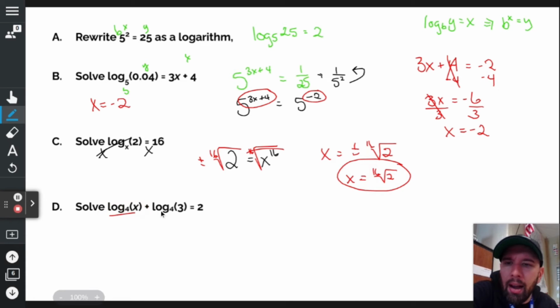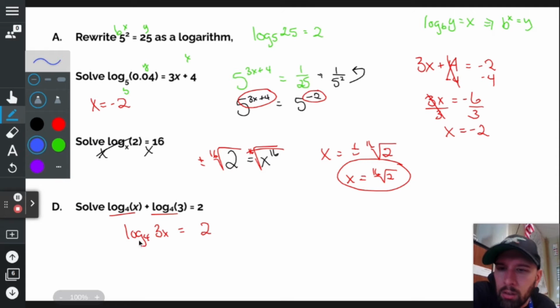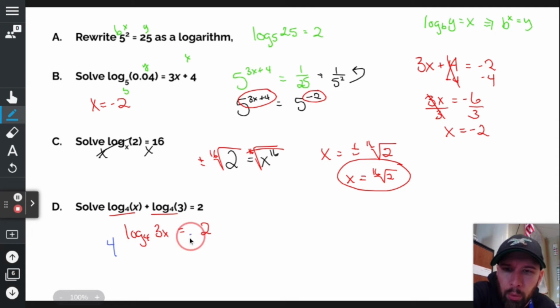Now we have 2 logs of the same base added to each other, which means I can just multiply the insides. Log base 4 of 3x equals 2. I could rewrite that, or I could just take 4 to the power of both sides.